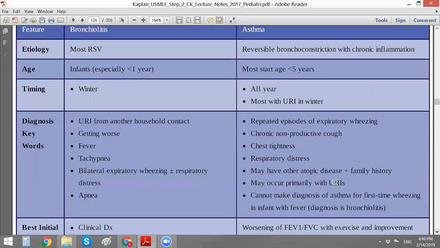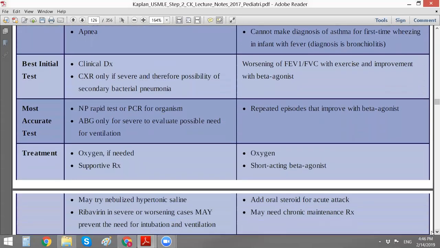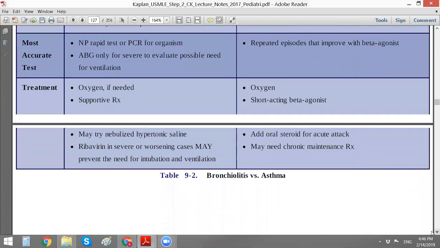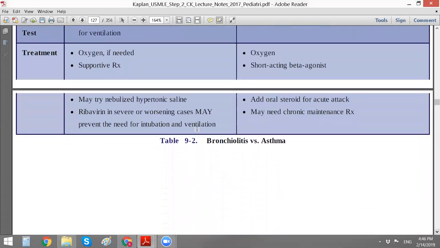Asthma can also occur with an upper respiratory infection. A first-time wheeze in an infant with fever is bronchiolitis, a clinical diagnosis. For bronchiolitis, we give just supportive treatment and nebulized hypertonic saline, nothing else.